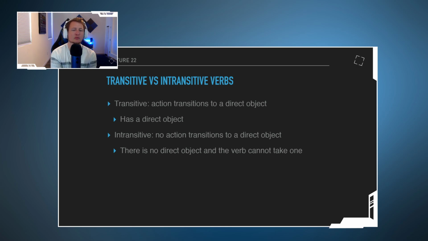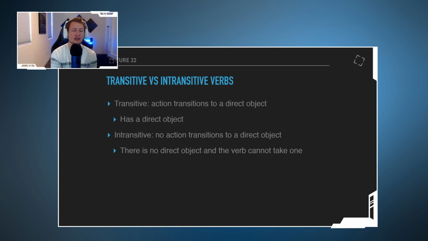So some verbs will not be able to take a direct object, and I wanted you to be aware of this because you will see, oh, this is transitive, oh, this is intransitive, and this is all it's referring to, whether it can take a direct object or not. So just be aware of that. And then what will happen is, depending on the semantics, BDAG will tell you if it's transitive, translate it this way.